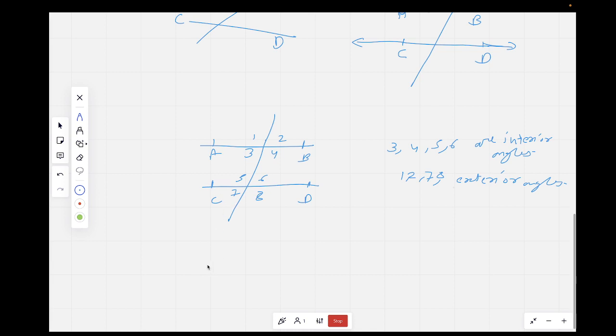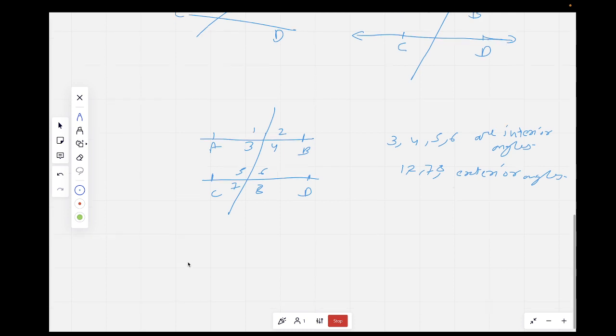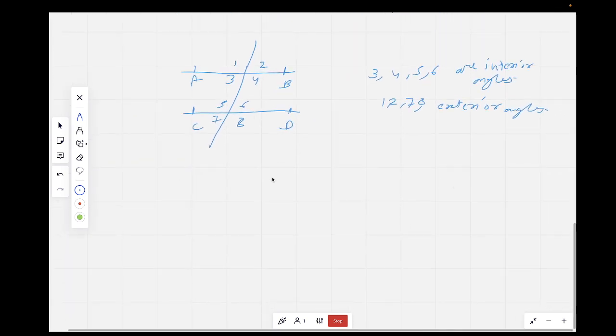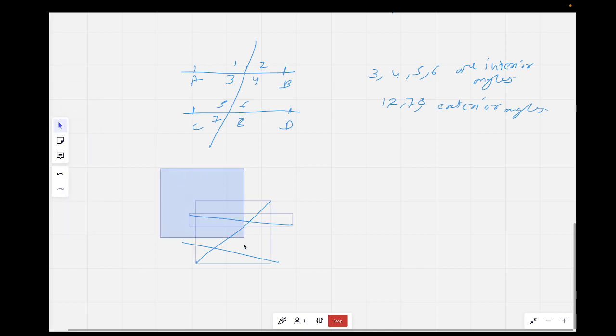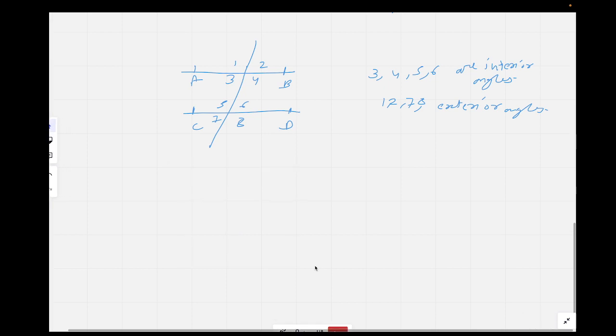First of all, let's understand what corresponding angles are. So if there are two parallel lines here, there is a transversal.